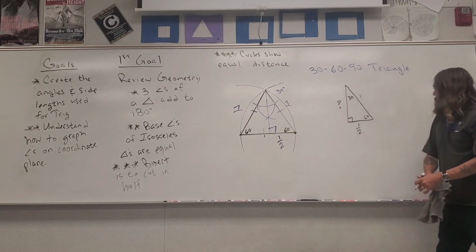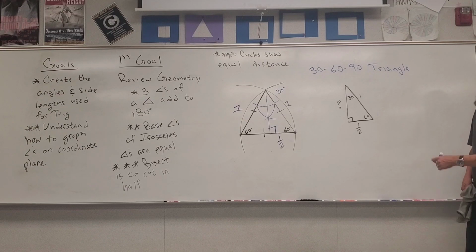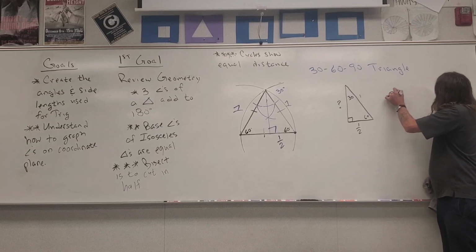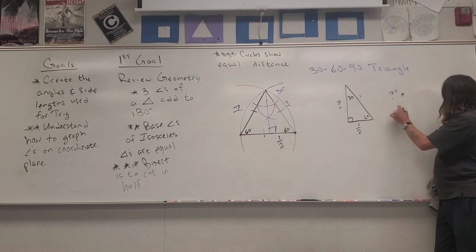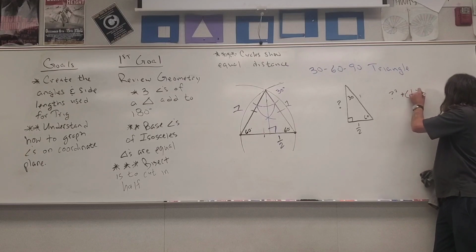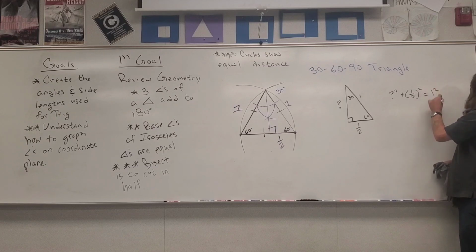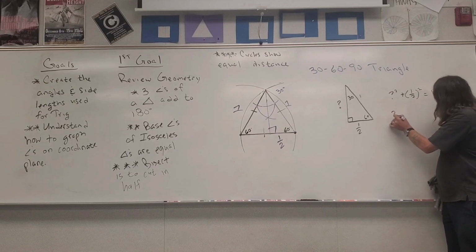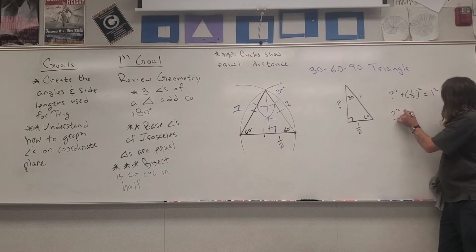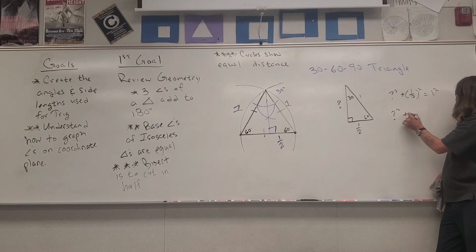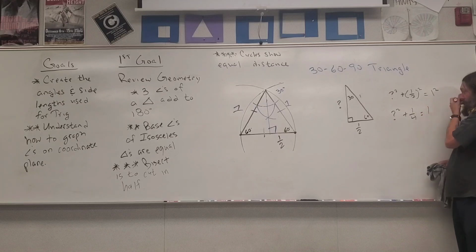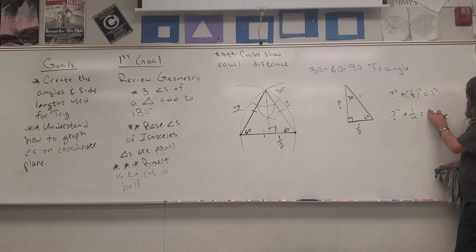And in order to do that, I'm going to use the Pythagorean theorem. So I know that question mark squared plus 1/2 squared, that'll be equal to the length of 1 squared. So I'm left with question mark squared plus 1/2 times 1/2, that's a 4th, and that is equal to 1, which I can say is 4/4.